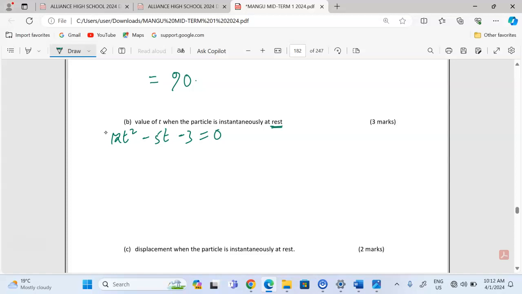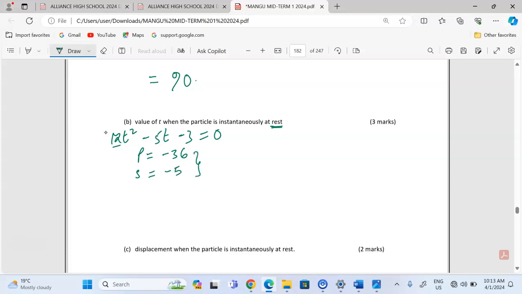Let me use the factorization method, whereby I need the product of a times c. So 12 by -3 gives us -36. Then the sum is the value of b, which is -5.